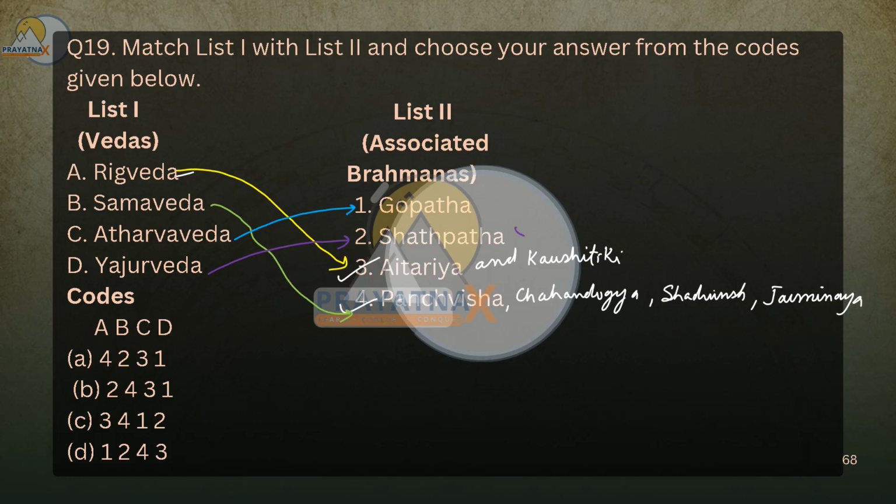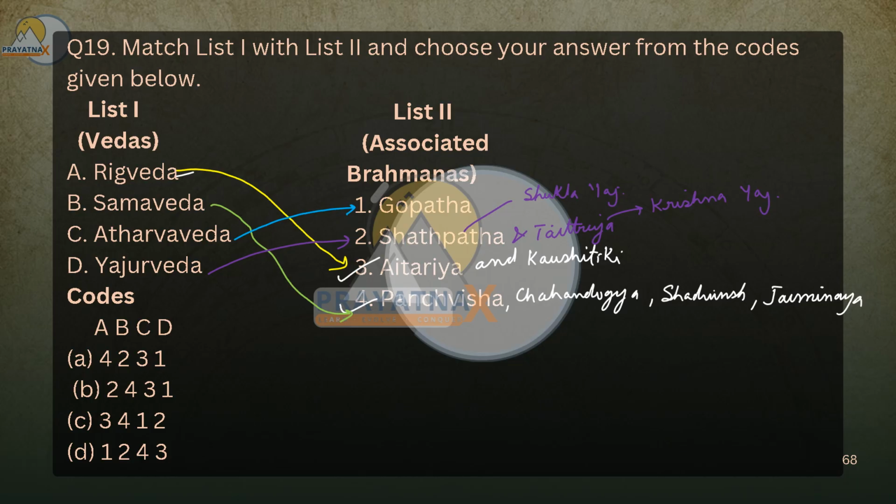Now it also includes another Brahmana called the Taittiriya Brahmana. Now Taittiriya Brahmana is related to Krishna Yajurveda, whereas the Shatpat Brahmana is related to Shukla Yajurveda.